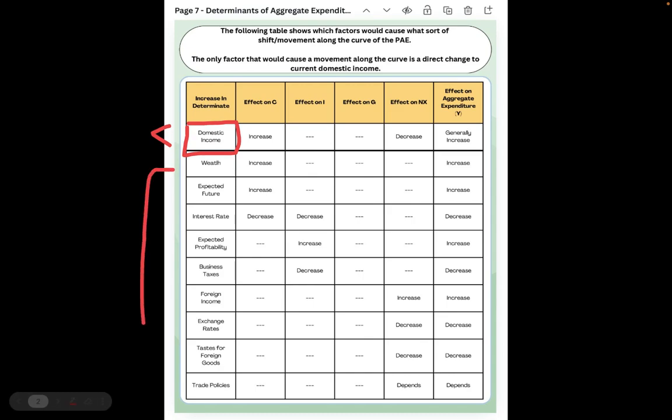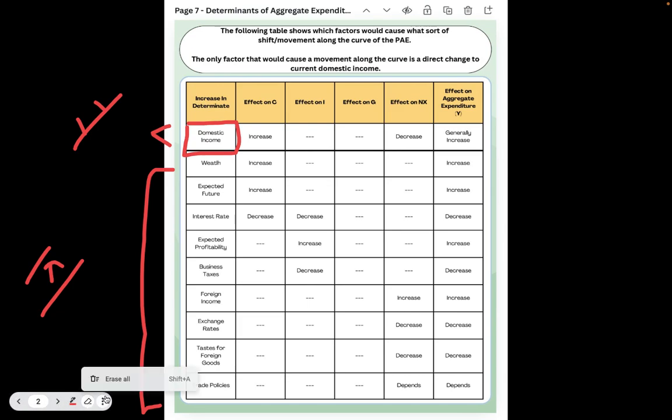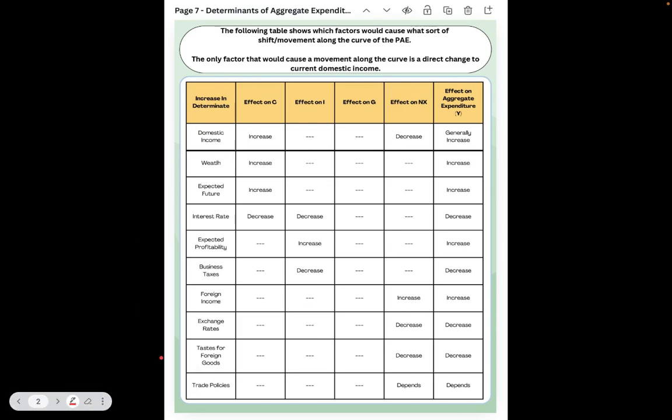All of the rest of these cause shifts of the entire curve. It's the difference between this point here on the graph moving to this point here, or this curve here moving to this curve over here, which is pretty important to note.